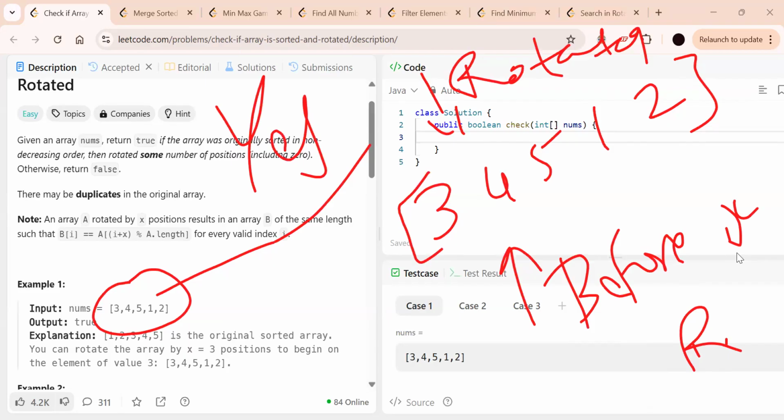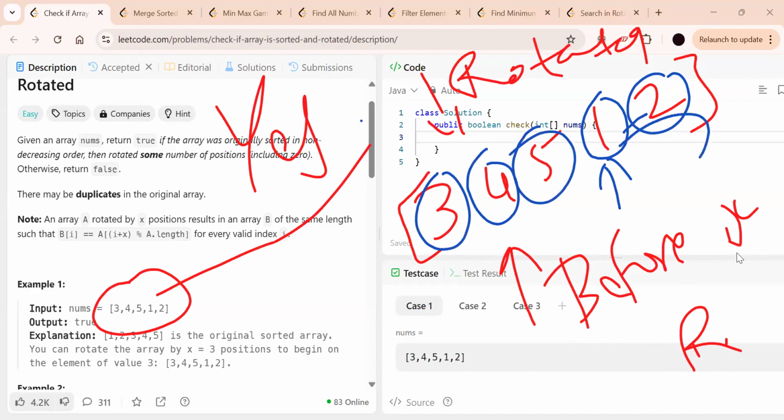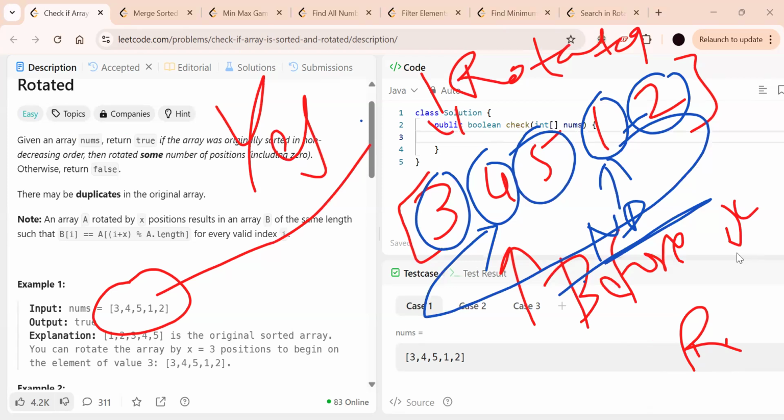If you rotate this back, if you assume this as your starting point, 1, 2, 3, 4, 5, all are in non-decreasing order. So we can say this is a rotated array which is sorted before rotations.